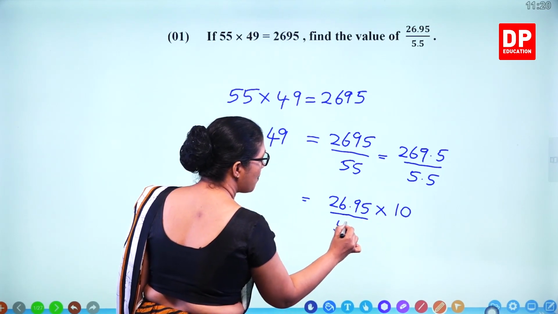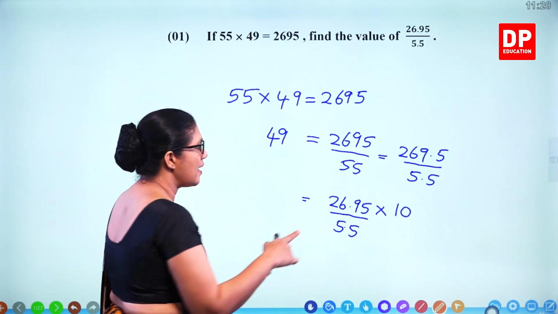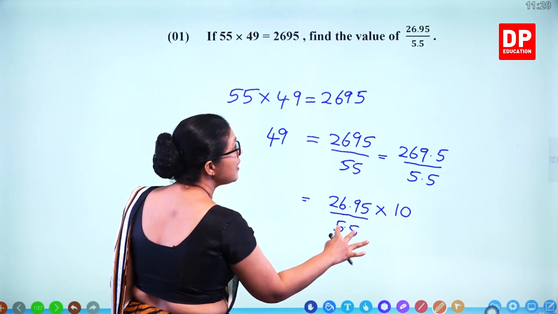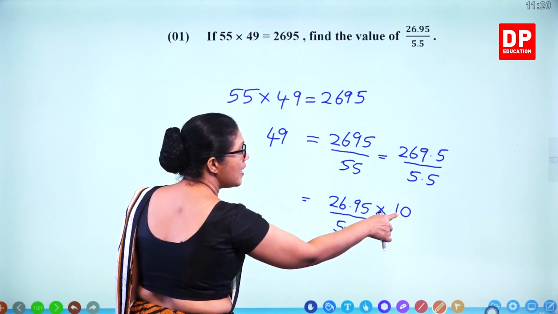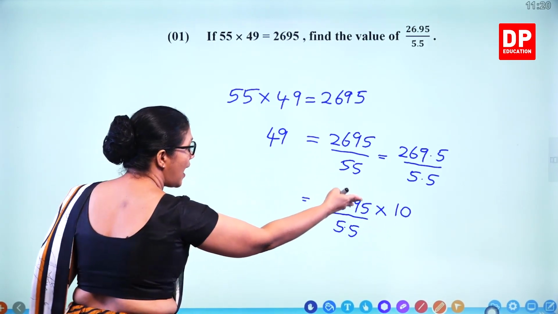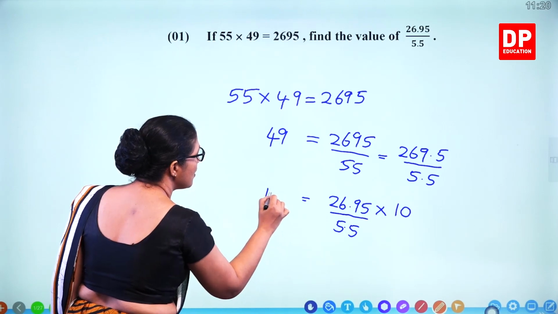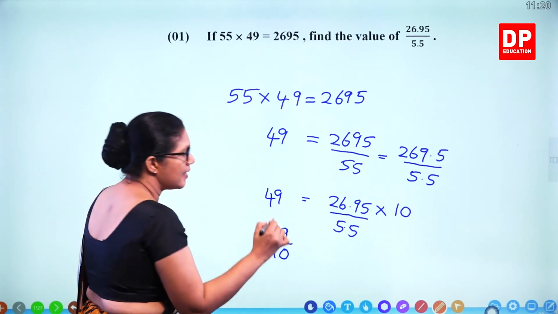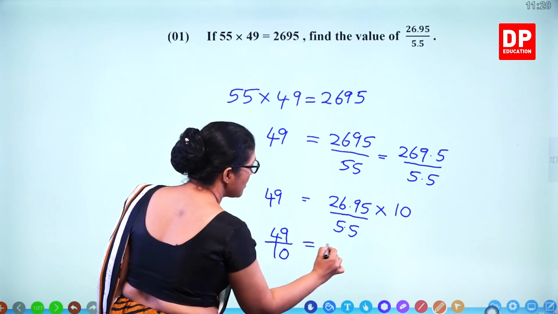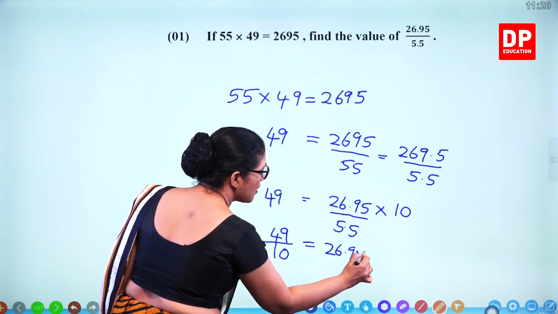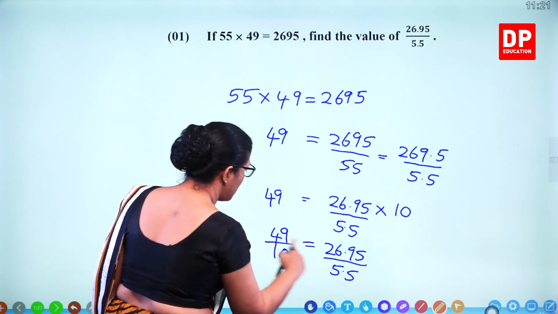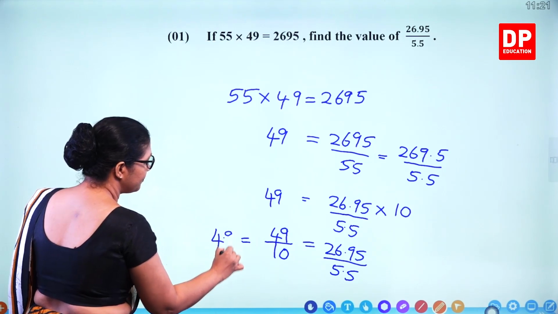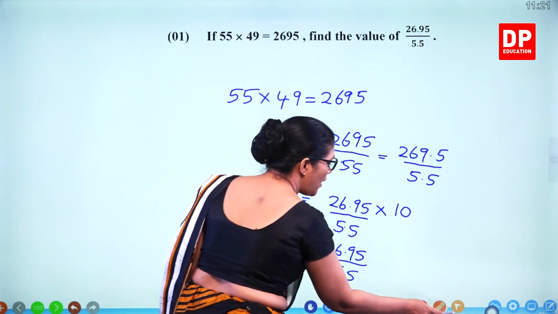So 26.95 divided by 5.5 has an extra 10 there, so I can take this 10 down. 49 divided by 10 is this value. So straight away you get this answer. 49 over 10 is 4.9. So 2 marks for that.